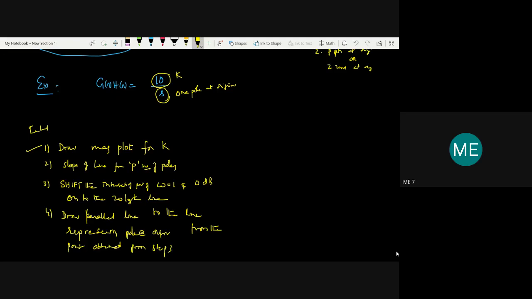So this is the procedure for combining the two factors. I'll draw it by explaining this in the Bode plot.